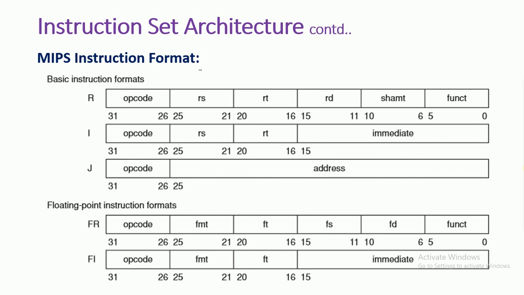We have discussed various aspects of instruction set architecture, which is the major portion of the design of a computer. That is, the first point itself is instruction set architecture design.